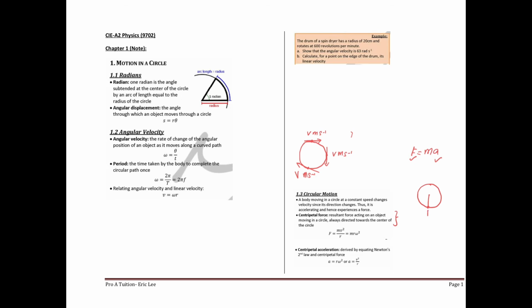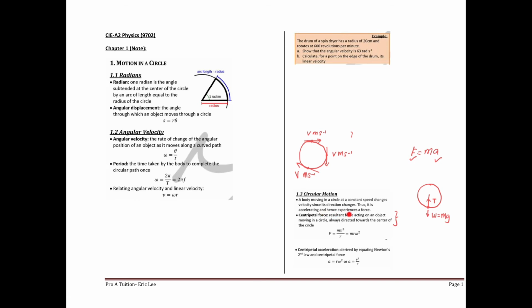The particle has weight equal to mg, and let's say there is a string which hangs the particle. So because of that, there is a tension of the string that acts upwards. So according to the statement over here, they mentioned that it is the resultant force.